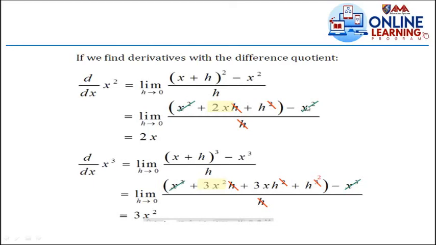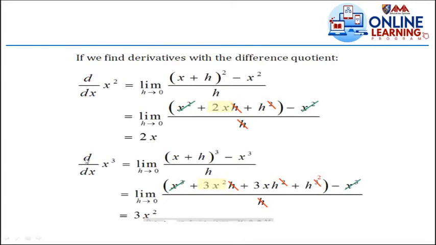X squared, we're going to cancel. H, we're going to cancel. H squared, we're going to cancel here. But there's still an h remaining here. But if we substitute h approaches 0, this becomes 0 already. So therefore, the first derivative of x squared with respect to dx is equal to 2x.